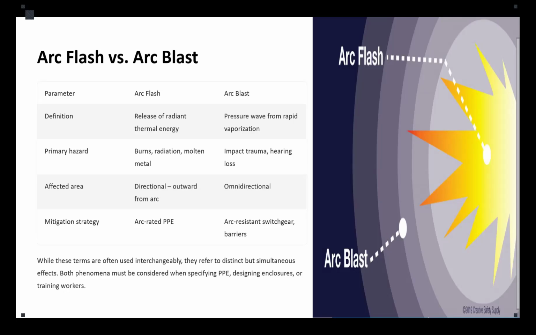Others are physical barriers or blast shields inside our equipment, remote operation tools, so we don't have maintenance workers working directly on the equipment, or strict boundary enforcement. So, in other words, engineering controls are basically the primary defense when we talk about arc blast.